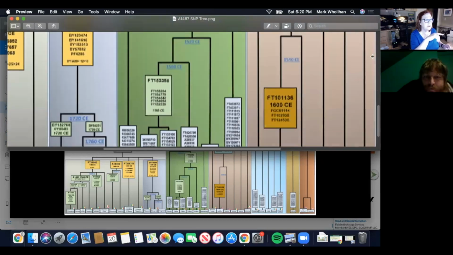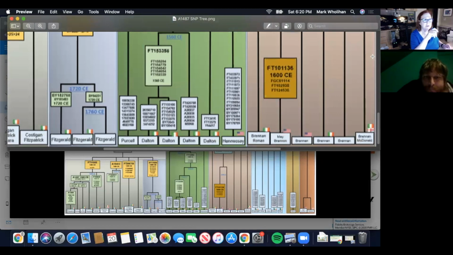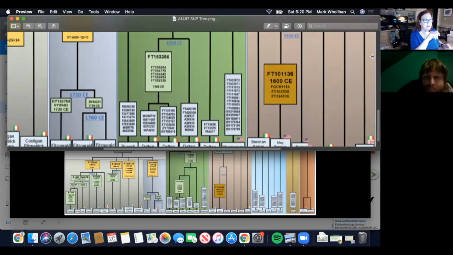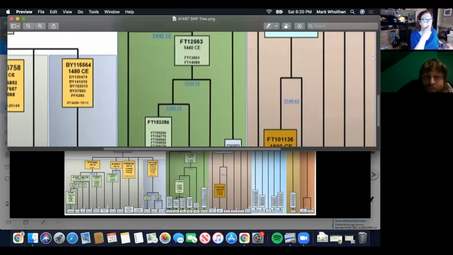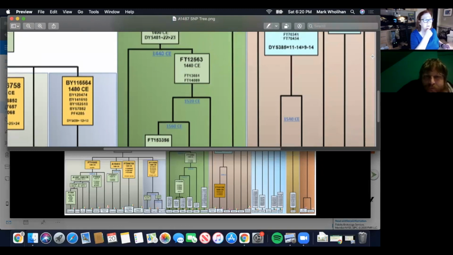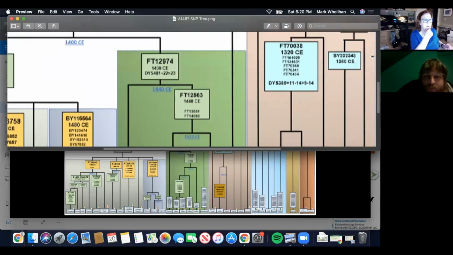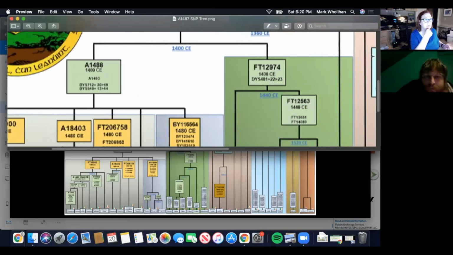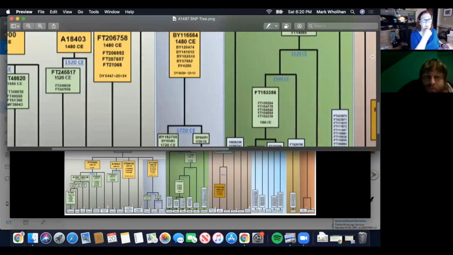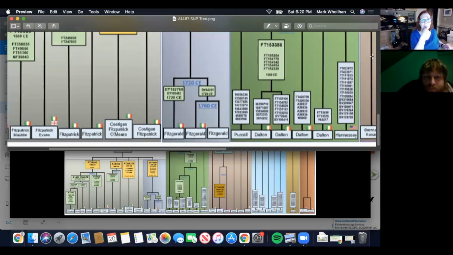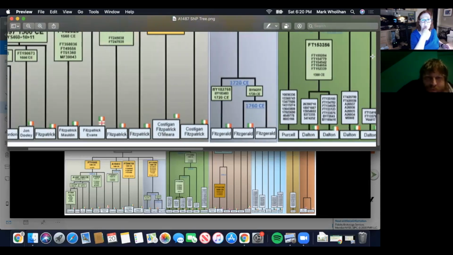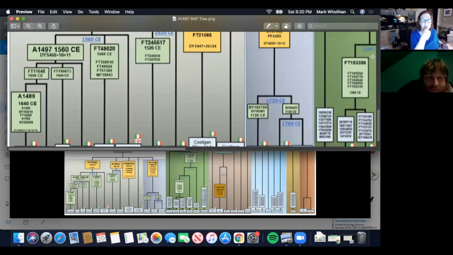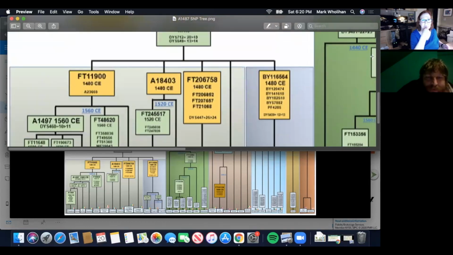What I'll do is see if I can send you the link, and then you may have better luck enlarging it. Fitzgerald and Fitzpatrick, huh? That's cool. I'm sure somebody put a lot of work into that.